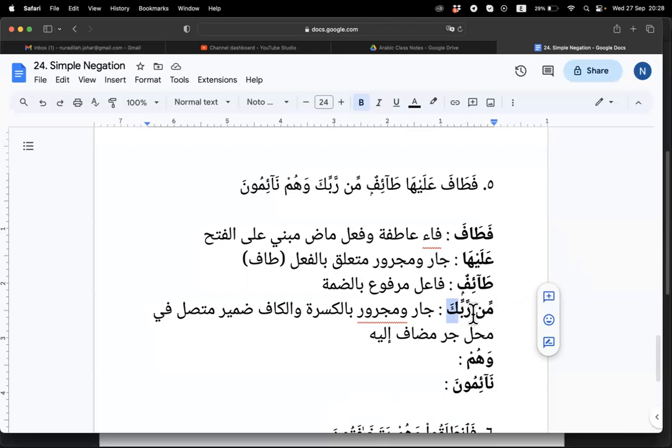And then since it's jar wa majrur, it must be muta'alliq. Muta'alliq to what? Can the fi'il have two muta'alliq? Yes, it can.